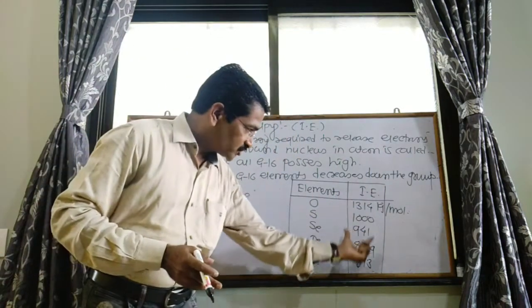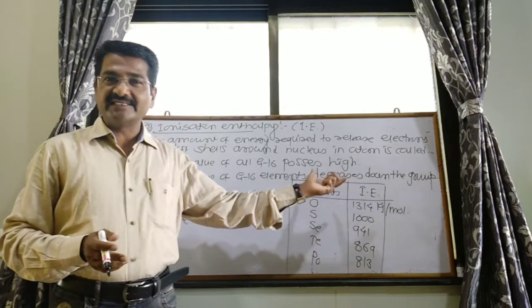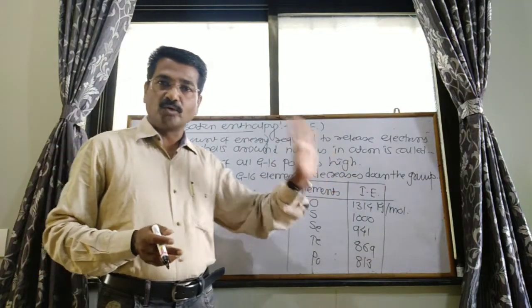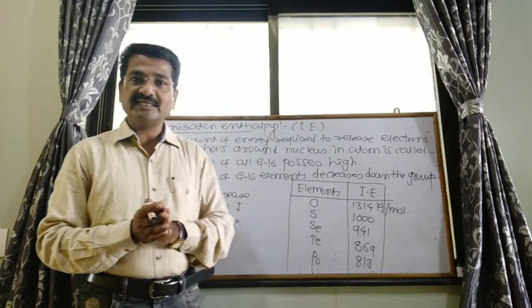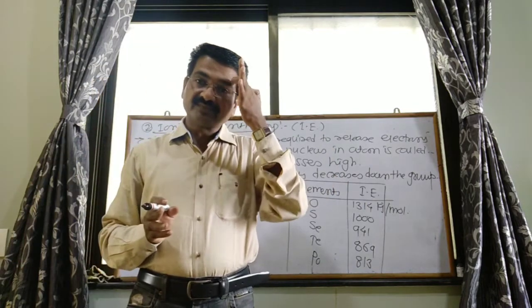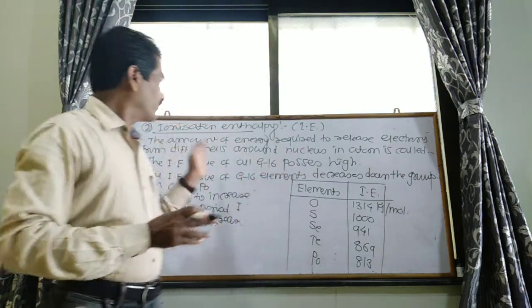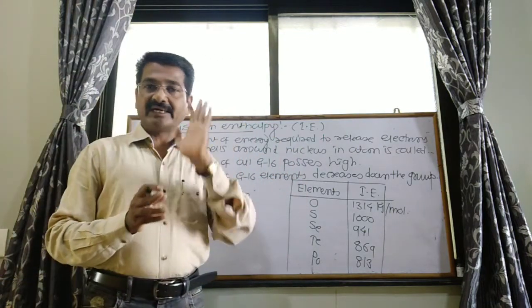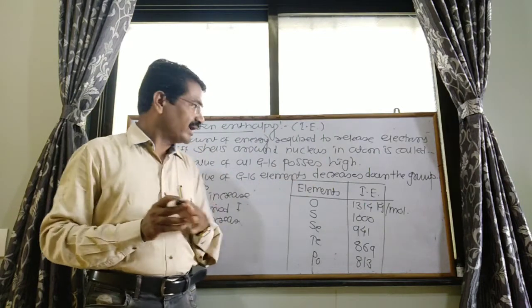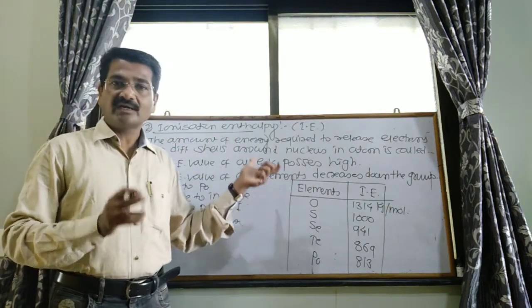This trend shows the ionization enthalpy decreases from oxygen to polonium. So these are the two questions on physical properties of the G16 elements. First is the atomic and ionic radii, and second is the ionization enthalpy.